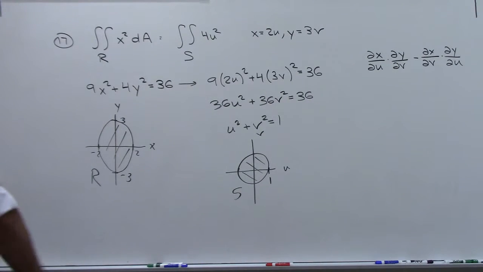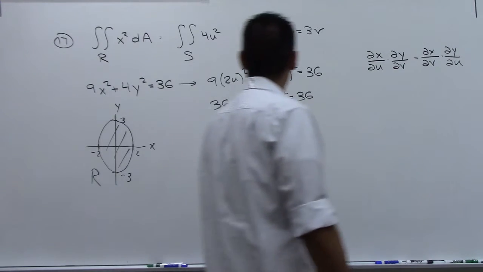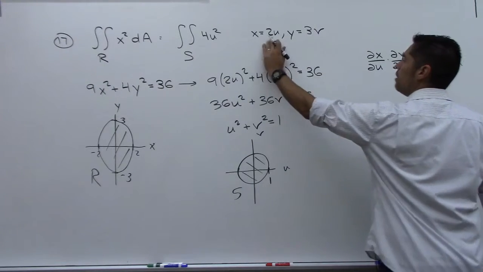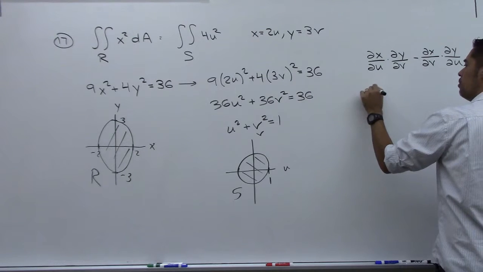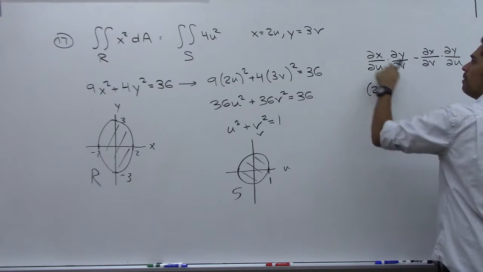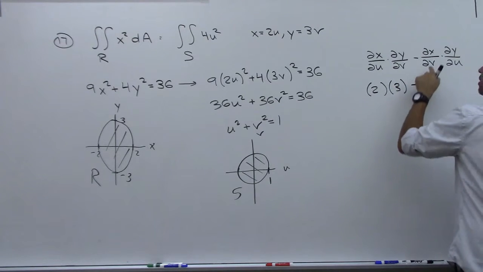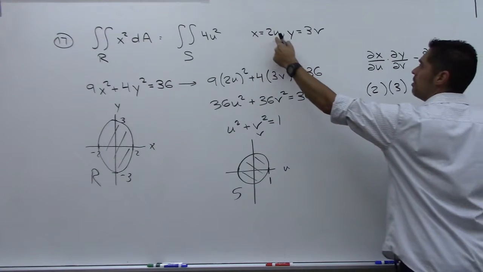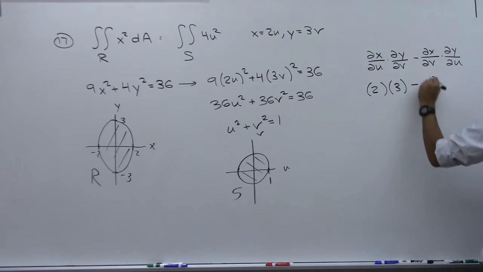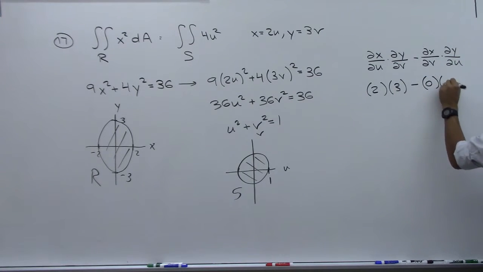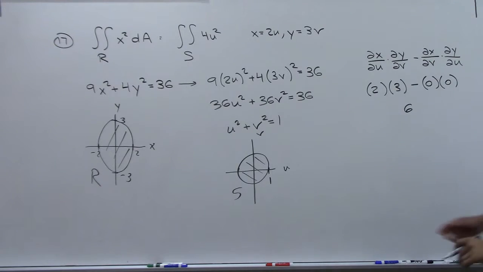The partial of x with respect to u here is going to be 2. Partial of y with respect to v is going to be 3 minus partial of x with respect to v. There is no v here, so that's 0. And this doesn't matter, but this is also 0. So you get 6. So I'm coming back here.